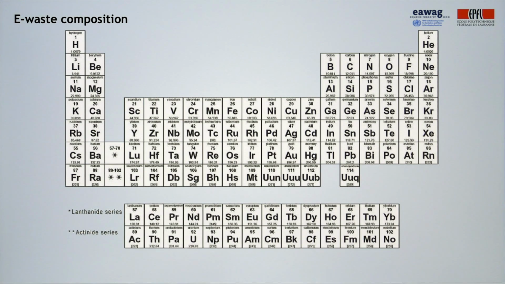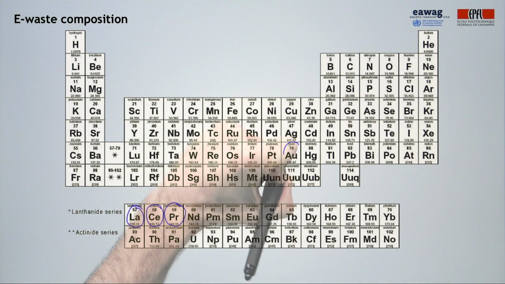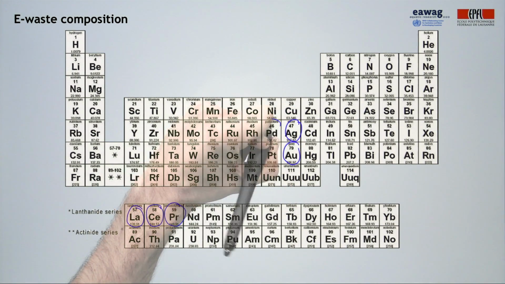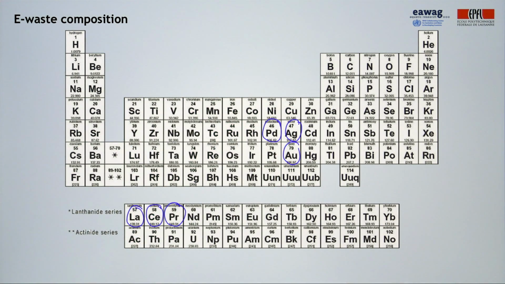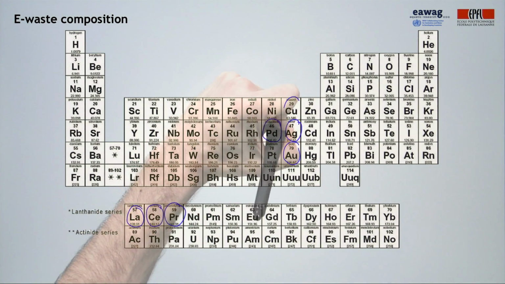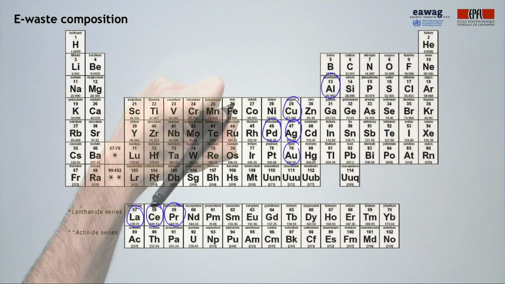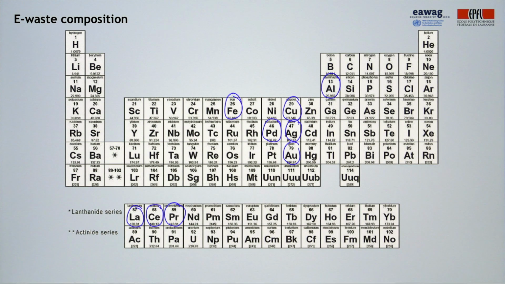Among the substances of particular interest are a very wide range of metals, including rare earth metals such as lanthanum, cerium, praseodymium, precious metals such as gold, silver, and palladium, or other metals such as copper, aluminum, or iron, which have, together with plastics, often used as covers, a high intrinsic value.